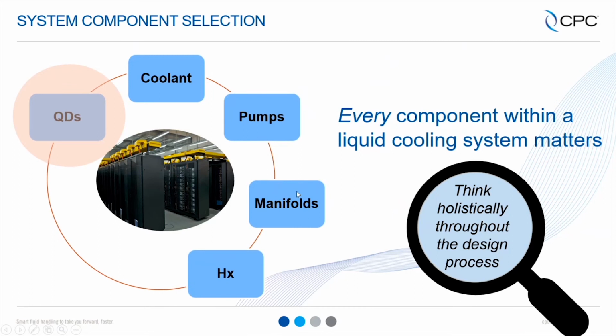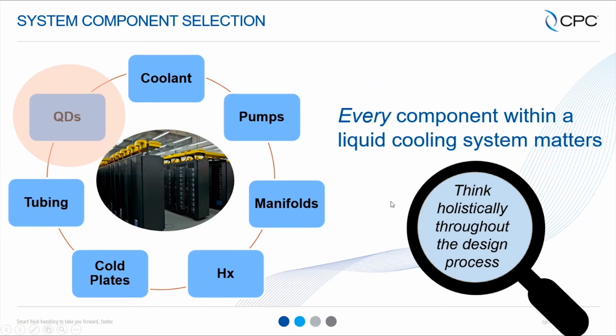Manifolds, heat exchangers, cold plates, all tie into the overall system performance and require detailed analysis with regard to flow rates and pressure. Certainly filtration and debris are going to be a consideration for those components as well. And then tubing and quick disconnects are really the way to connect all that together. So the point here, I guess, is that every component within a liquid cooling system matters, and it's really important to think holistically throughout that design process.